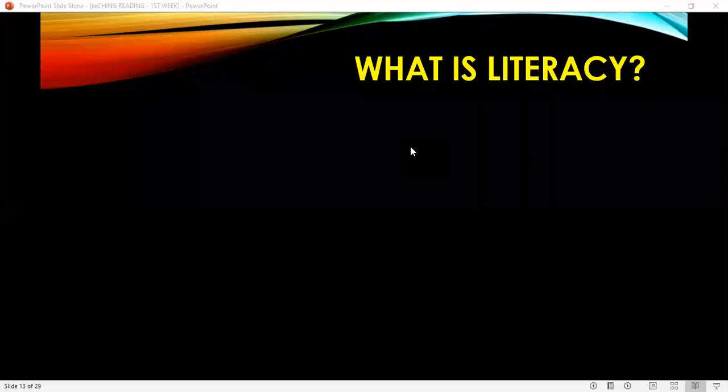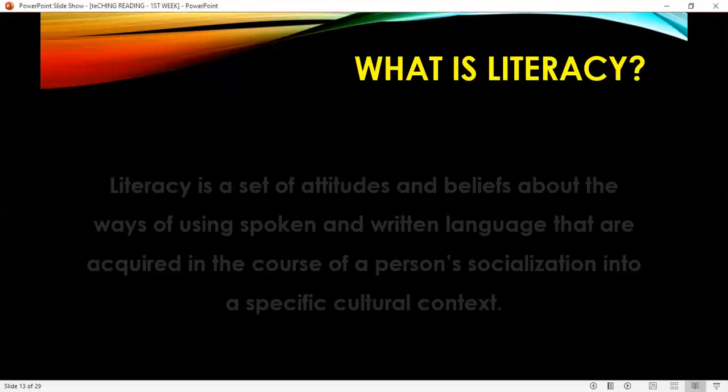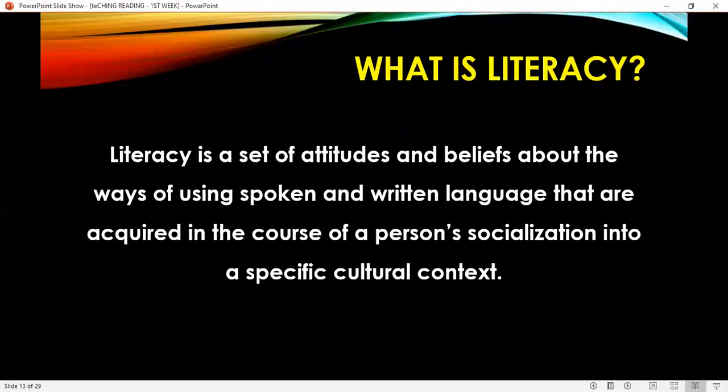So here we're going to notice, what is it about? Literacy is a set of attitudes and beliefs about the ways of using a spoken and written language that are acquired in the course of a person's socialization into a specific cultural context. So this is literacy.